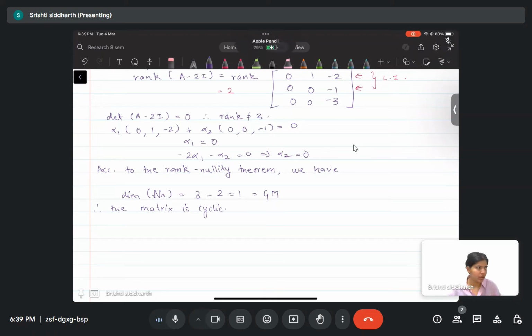Was this question clear to you? Now let's move on to the next one. In the next question, we are going to determine whether the matrix is cyclic or not using the concept of Jordan normal form. So let's just recall first.